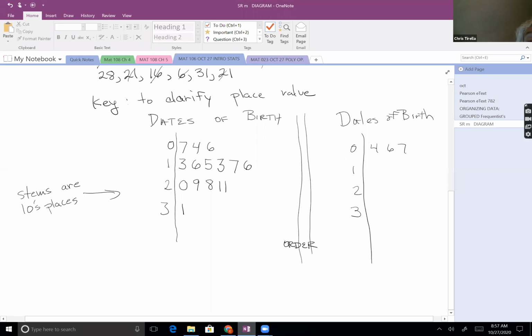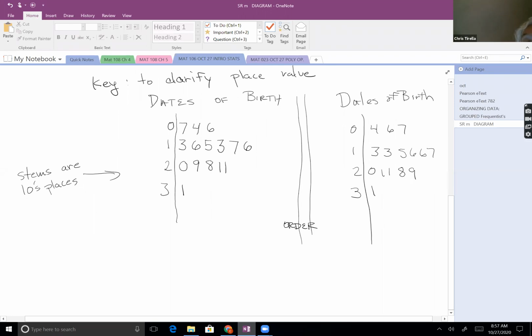When I order the next ones, what would I have? I'd have the two 3s, the 5, the two 6s, and the 7. When I put the 20s in order, I'd have 0, 1, 1, 8, 9, and the 30s are in order already.